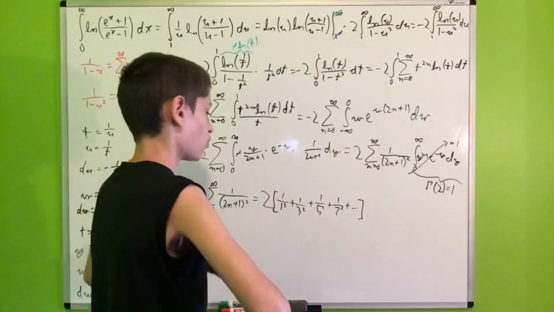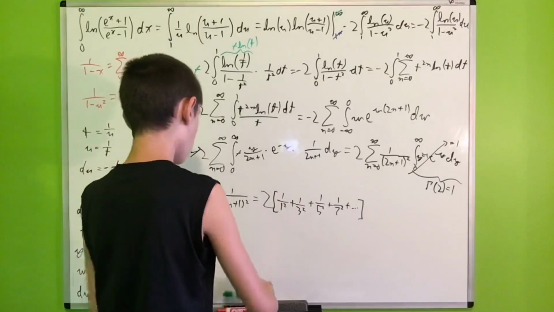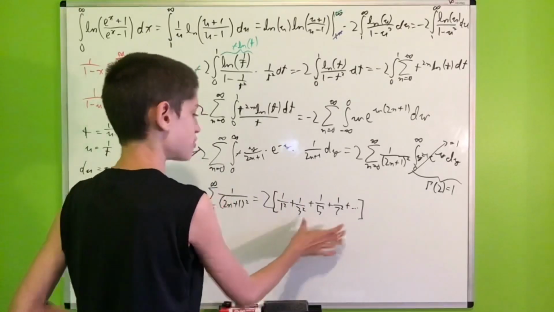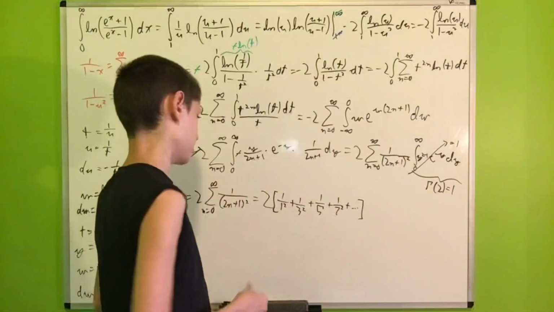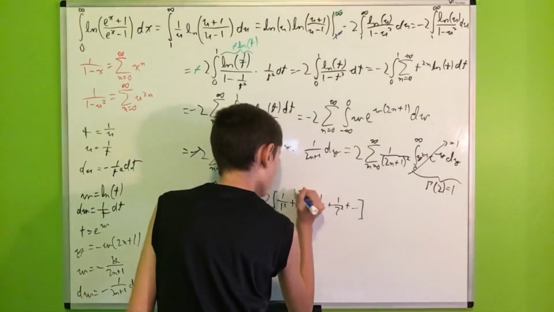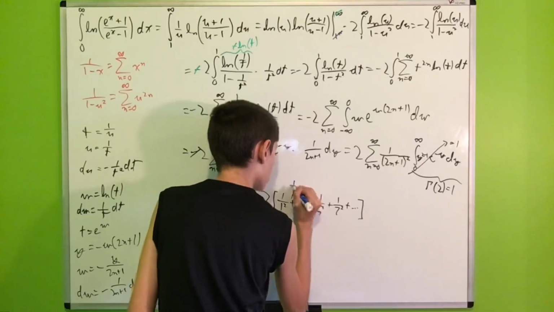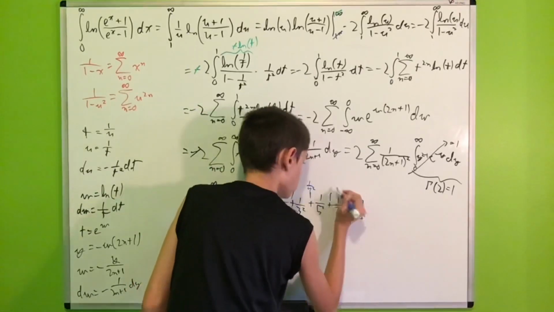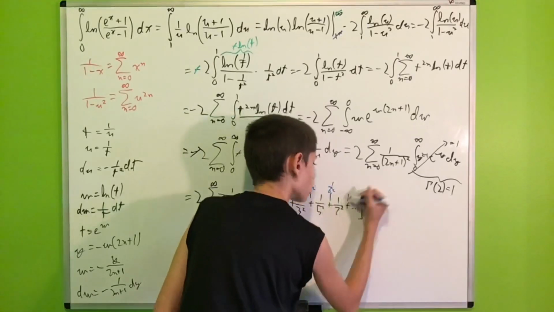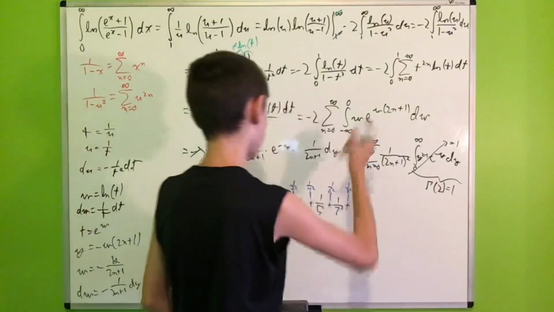And now what we want to do is add in all of the missing even terms that go in between, and then subtract them again. So here we will have 1 over 2 squared, 1 over 4 squared, 1 over 6 squared, 1 over 8 squared, and so on.